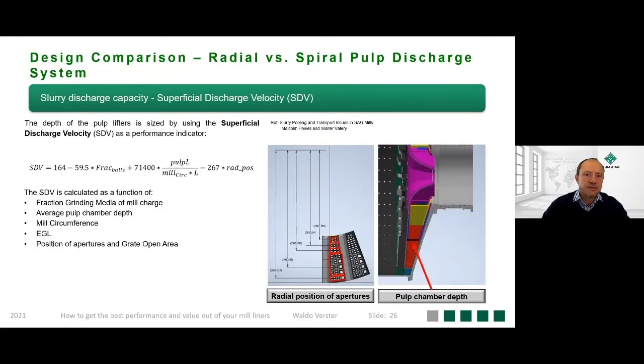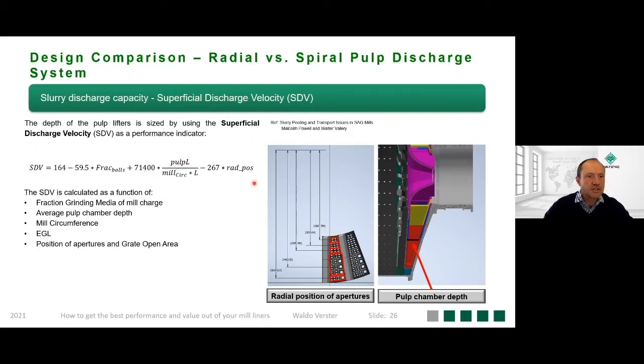So when you look at the volumetric flow rate measured in cubic meters per hour over square meters, the unit of measure for SDV is meters per hour. And that gives you a very good indication of the slurry discharge capacity of your grate discharge system.